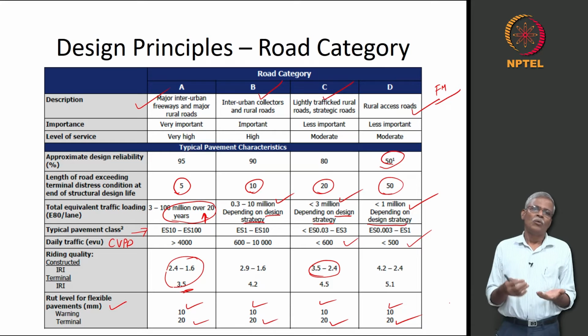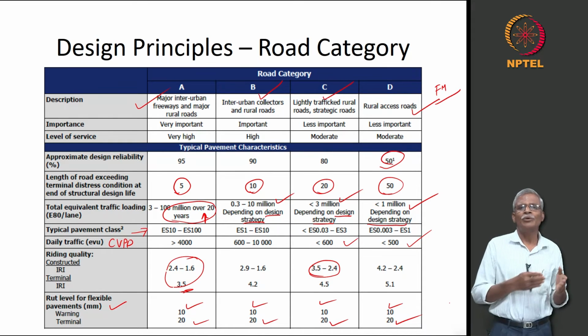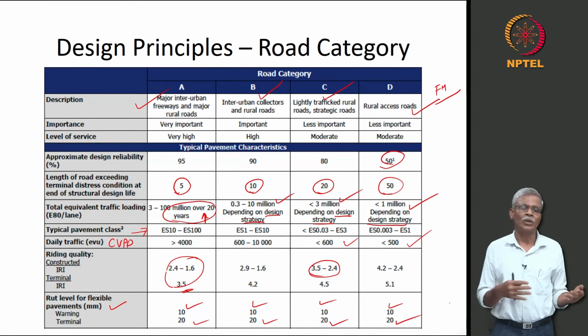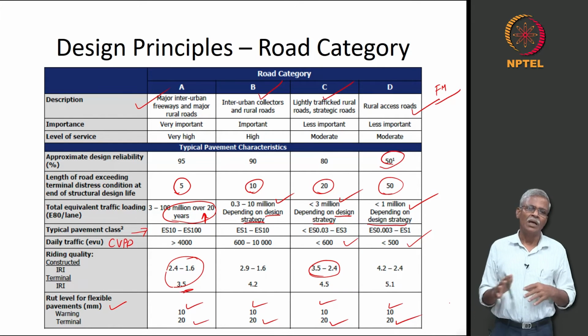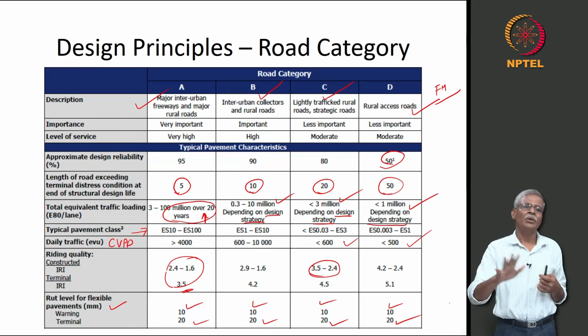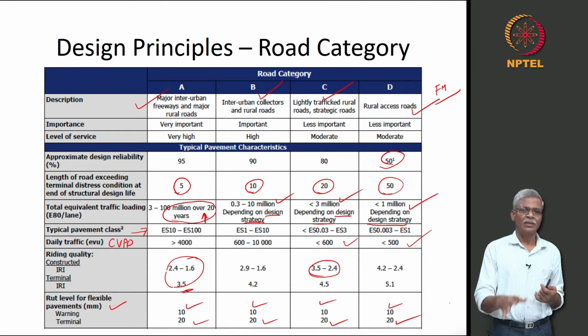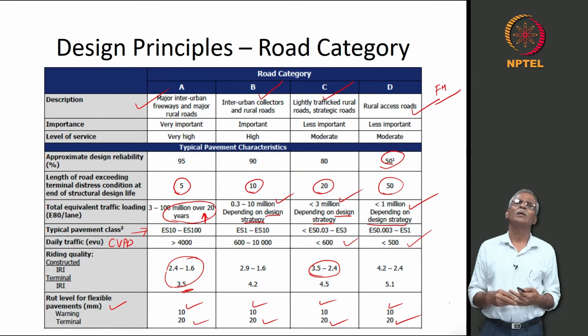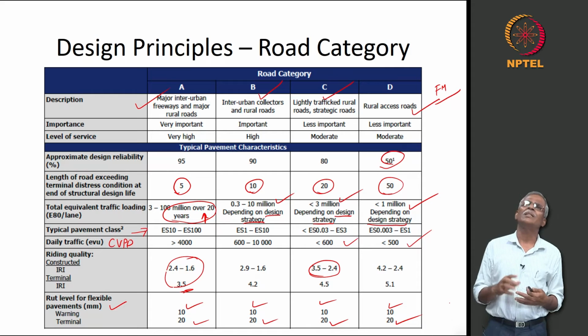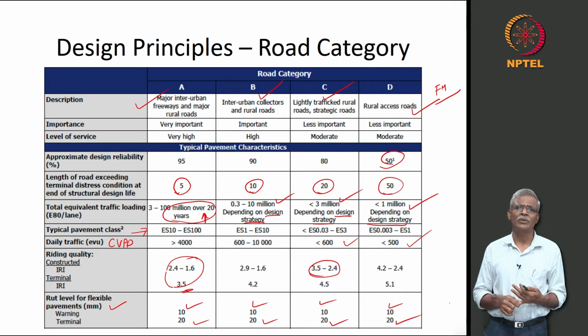Now, for most of you who have been following these lectures, we are more or less at the last week of our lecture. How can you relate whatever you have learned from IRC 37 to here? And I want you to really reflect upon it: did we see a separate pavement design classification for expressways and national highways?